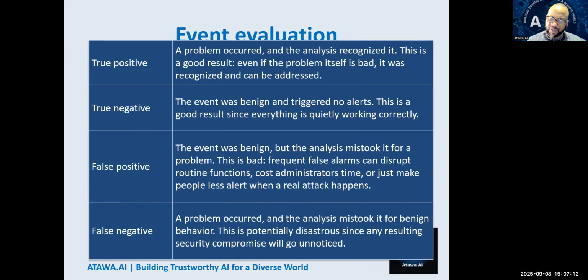False negative is when a problem occurred, but you thought it was not a bad event. This is bad for your system, really, right? Just giving you a general overview. So if you take my AI tester course, you will see what I call a confusion matrix. This will relate to that confusion matrix where you see actual versus detected, but just have a general definition of what this is.